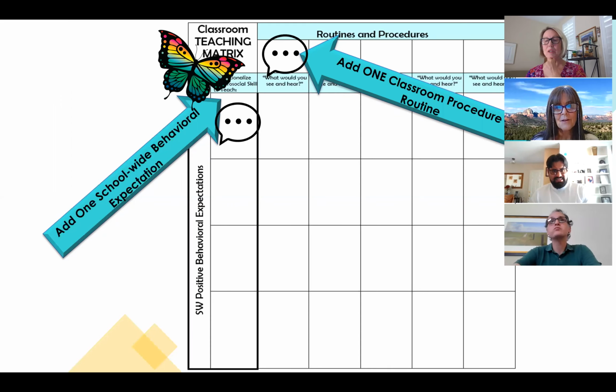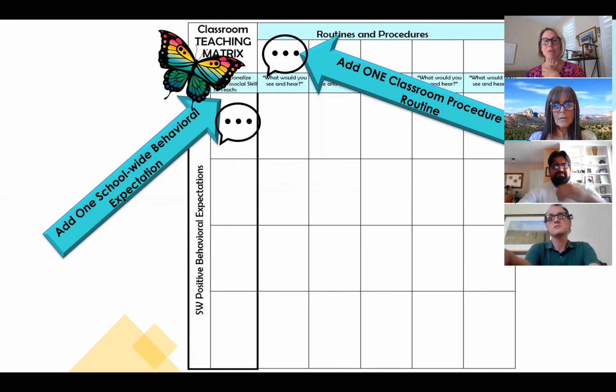You've got that final page of your handout to use. There's a blank matrix there where you can take that first line and write down one of your behavioral expectations. In my high schools, we had integrity, honor self and others, and social responsibility. So I would have picked integrity, then decided on one of my routines, entering the classroom, and then thought about what we would write in there.